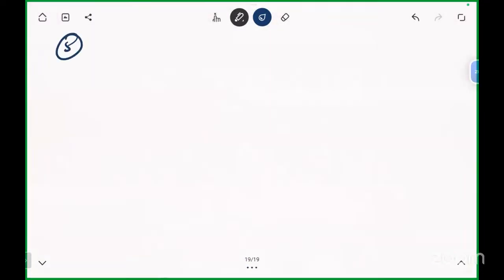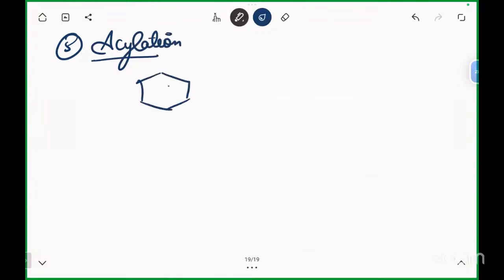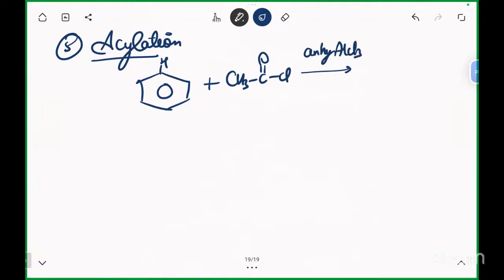The last one is called acylation. Benzene reacts with CH3COCl in the presence of anhydrous AlCl3. Again, this H takes the Cl and gives out HCl.